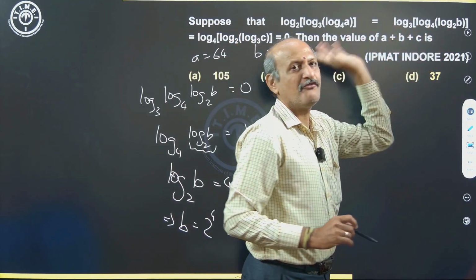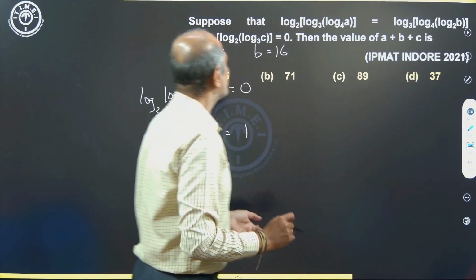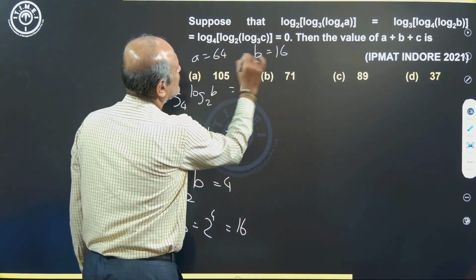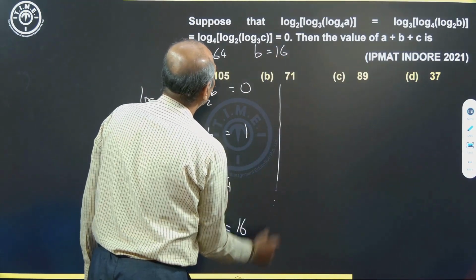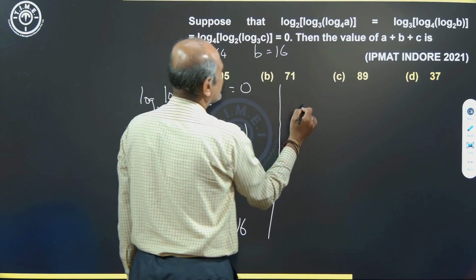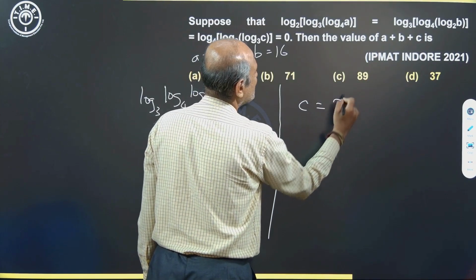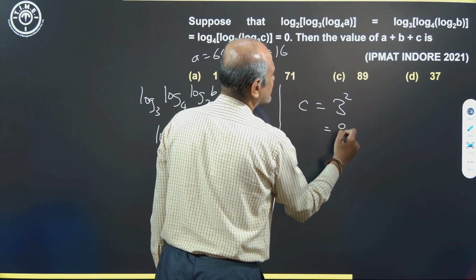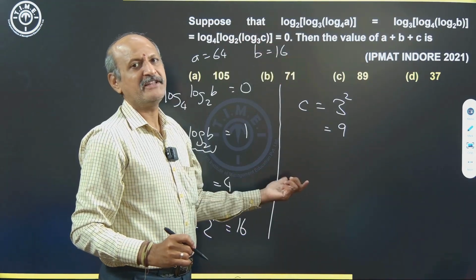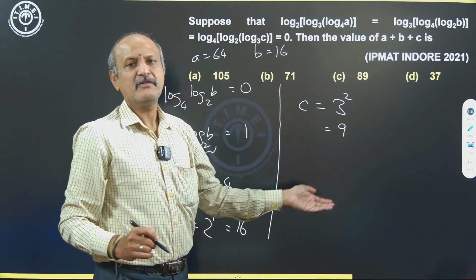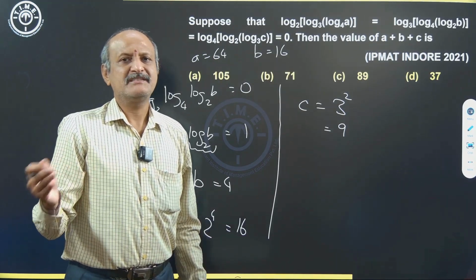It is 2 power 4, which is 16. In the same manner, from the third part, if this term is equal to 0 and we simplify it, the value for c is 3 power 2. How much is 3 power 2? That is equal to 9. Of course, you can write the step-by-step solution and find the value for c, but if you can identify terms like this, you are going to get the answers much faster.